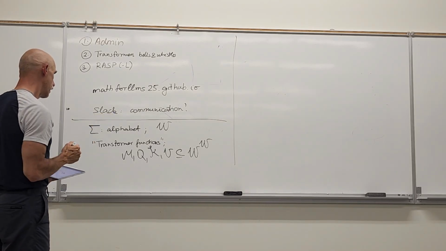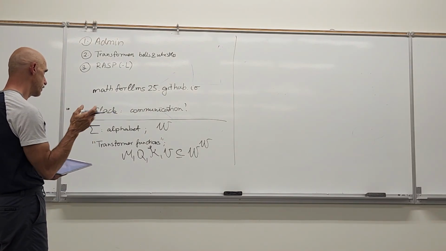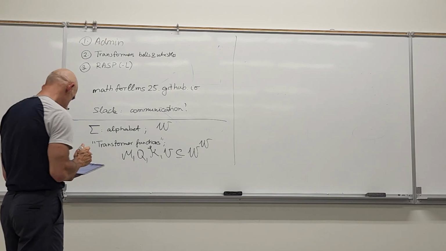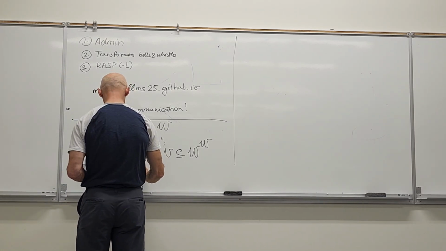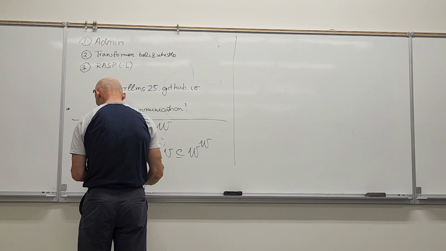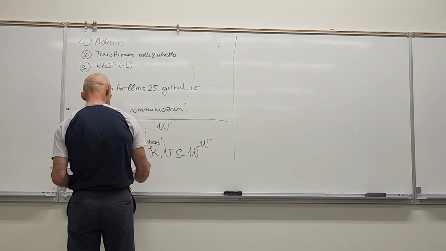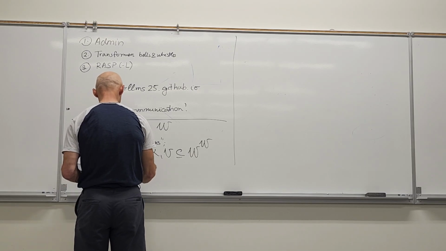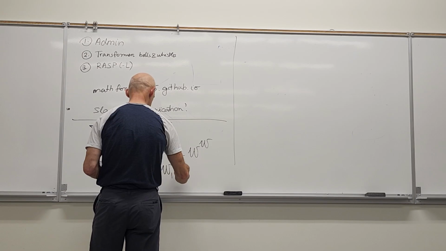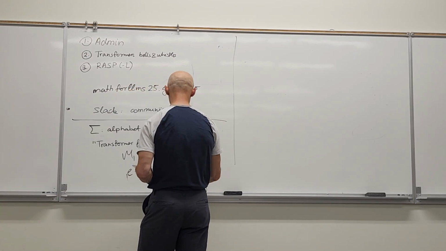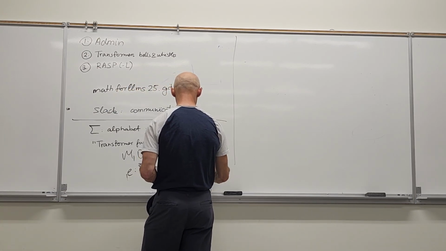So these are functions from workspace to workspace, and there is a function U, the unembedding function, and the embedding function E. E is going to map sigma to the workspace, and U is mapping the workspace to sigma.